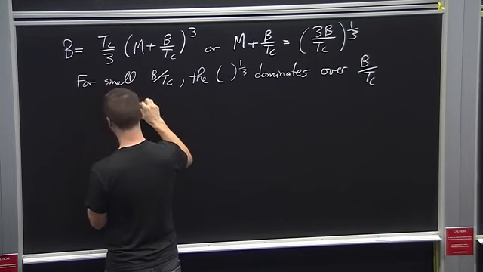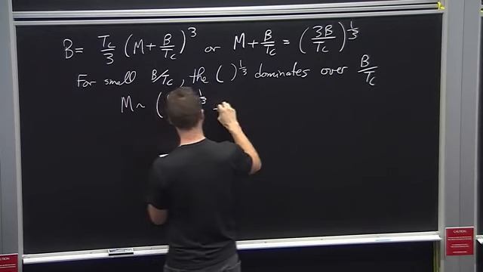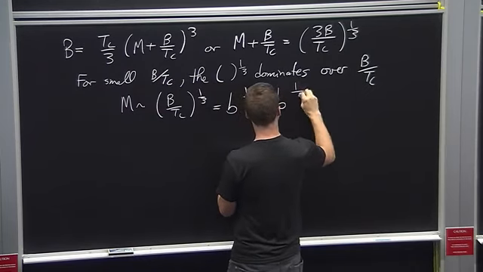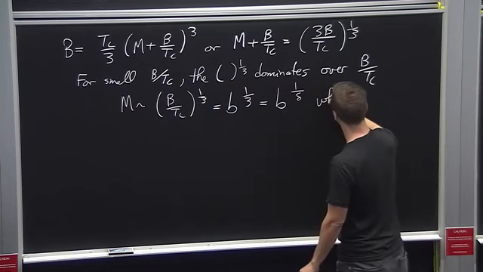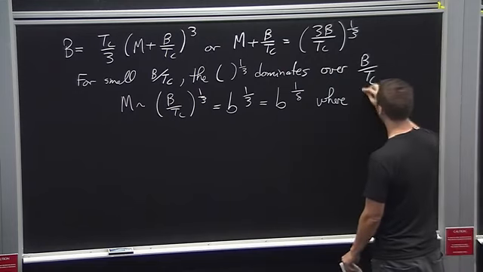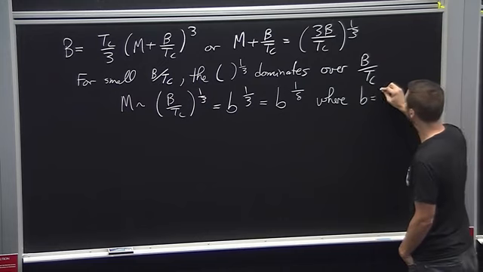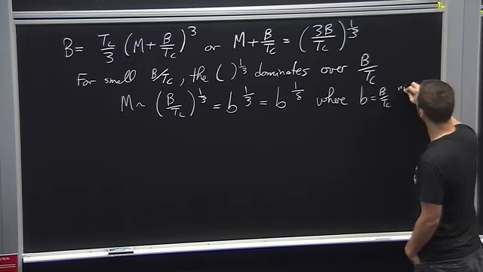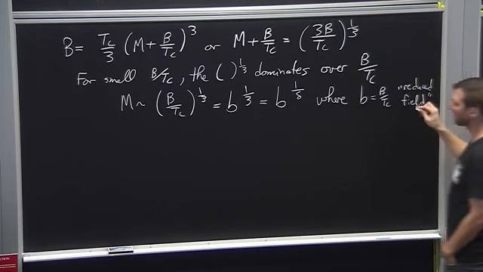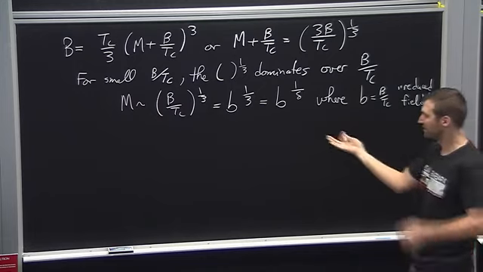So the first order, or the leading order, can be written as small b to the 1 over delta, where b is like the reduced field. And delta is the mean field value of the critical exponent.